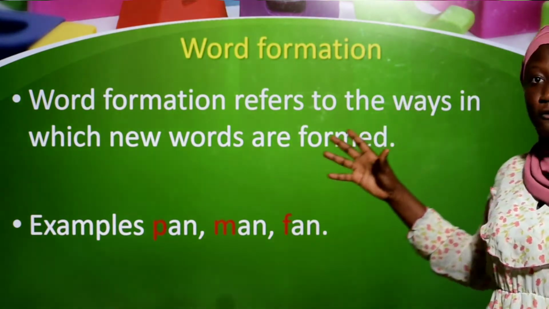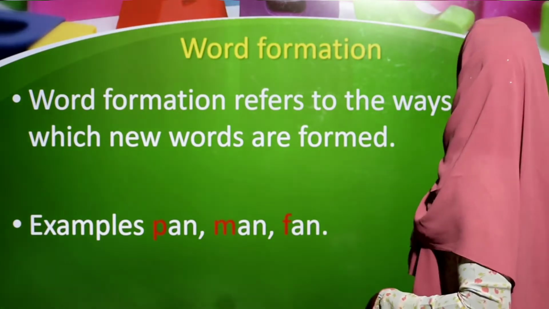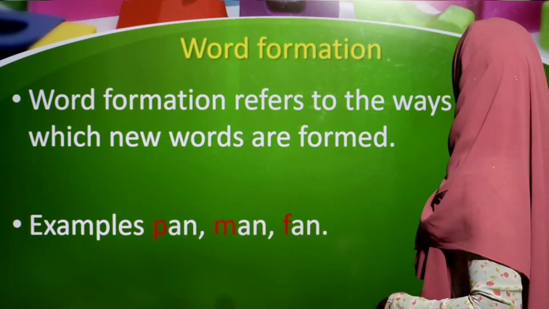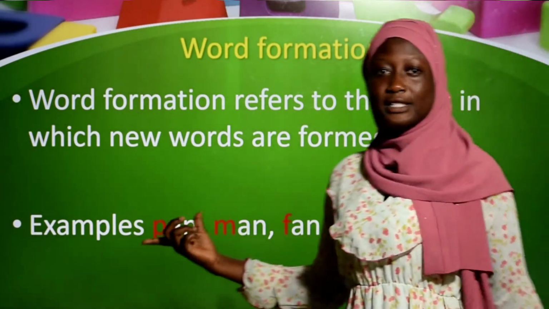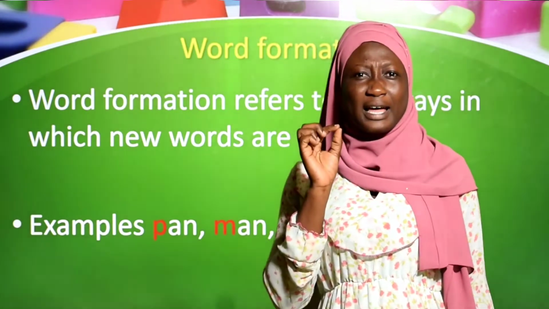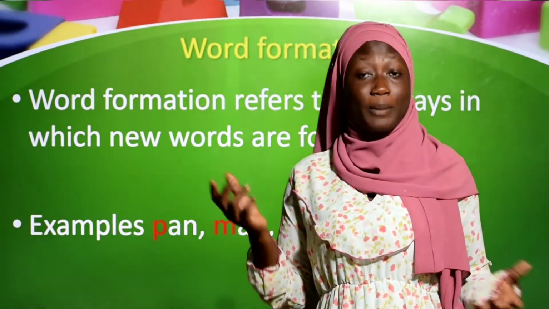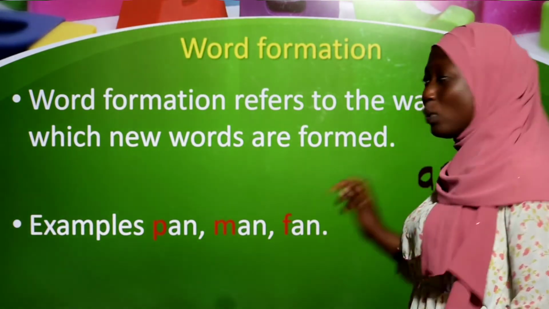Now, examples of words we can form. Look at this. Okay, so let's look at these words. Imagine you were given a letter or maybe a word, an. You were given an.